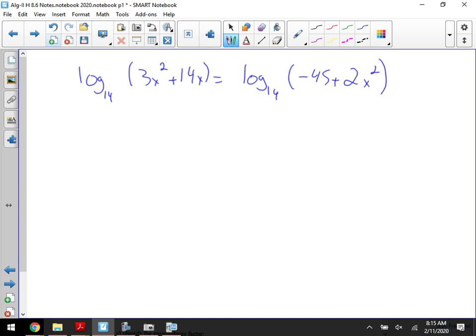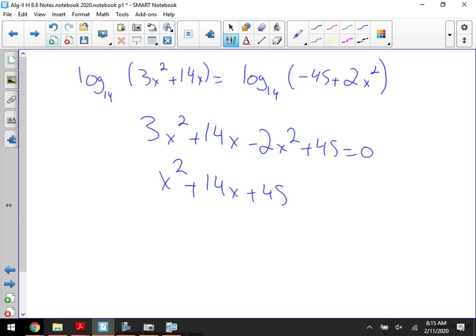So you just wind up doing 3x squared plus 14x minus 2x squared plus 45 and set it equal to 0. And then from here it goes pretty quick. X squared plus 14x plus 45, you get 9 and 5. And since you're squaring it, they both should work. Those should both work themselves out.